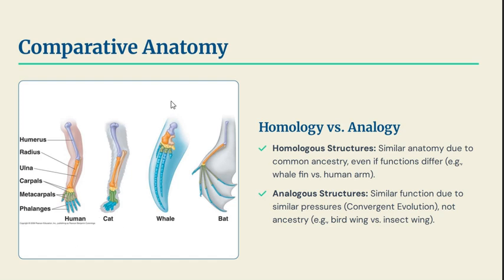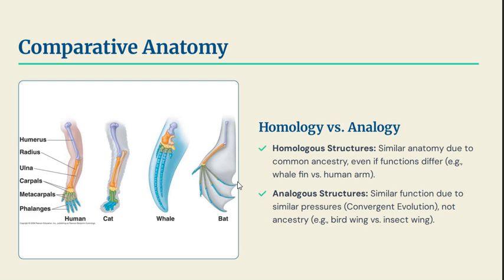Comparative anatomy, we can see the similarities, especially here. This is like the wrist for each one, and then they branch off into fingers. Some are separated, like the humans. Some are just wings. We're gonna have to know homologous structures, which are similar anatomy due to common ancestry, even if functions differ, like whale fins and human arms.